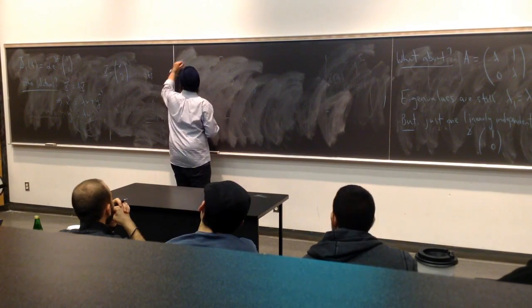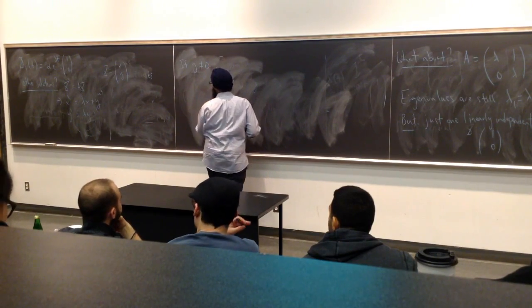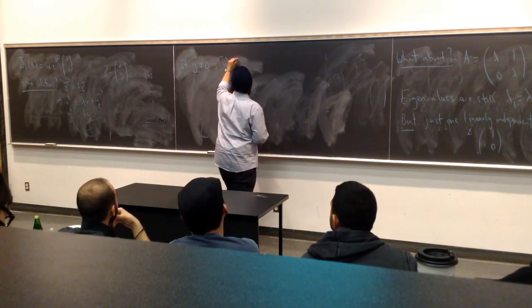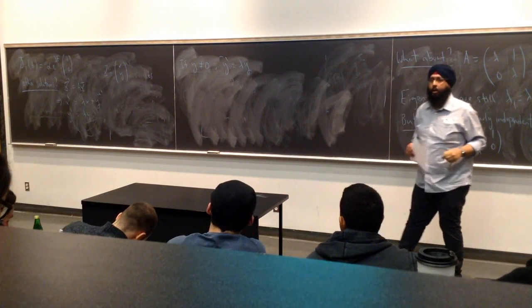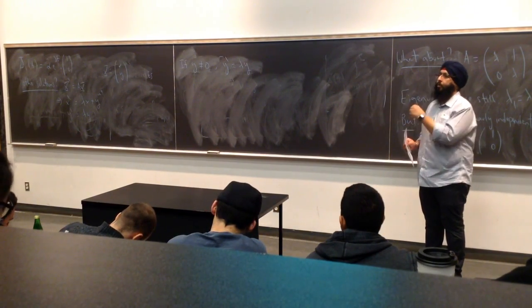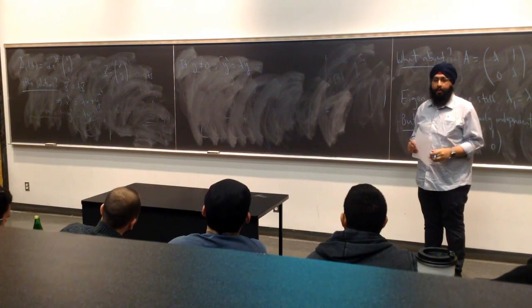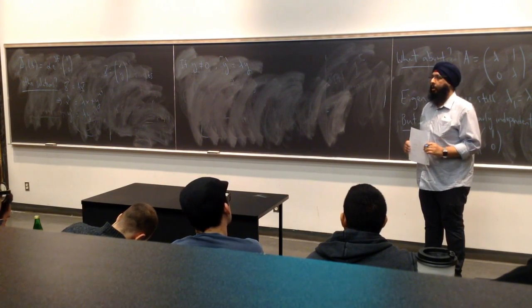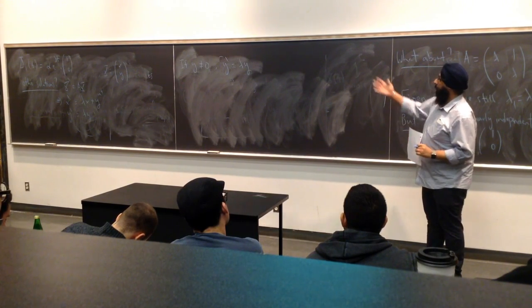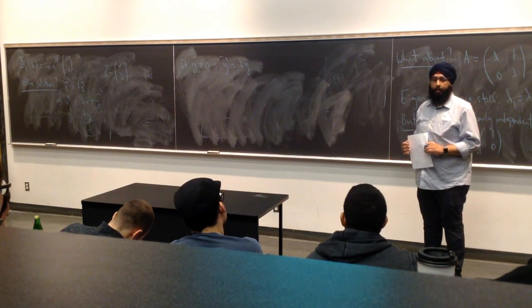So, what is the solution of y prime is equal to lambda y? What is the solution? Simple first order, test 1, question 1 type question. If y prime is equal to a constant times y, what is y equal to?